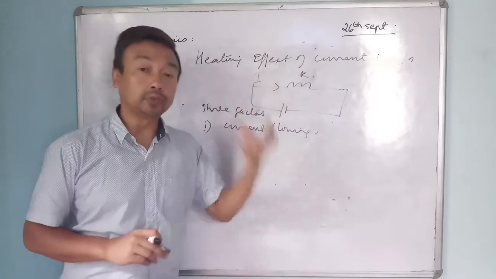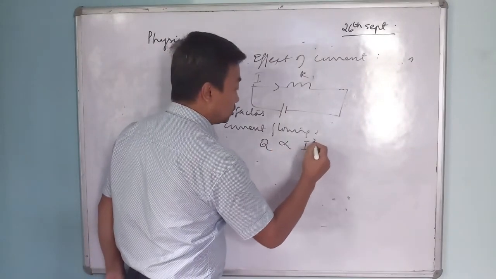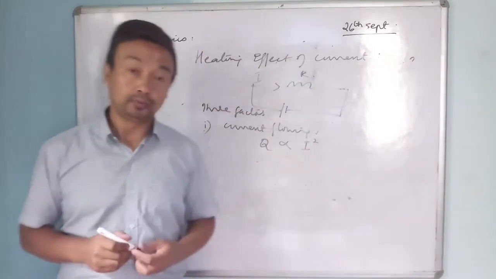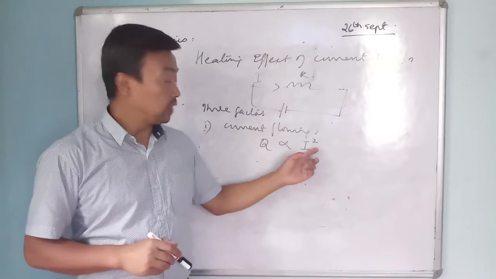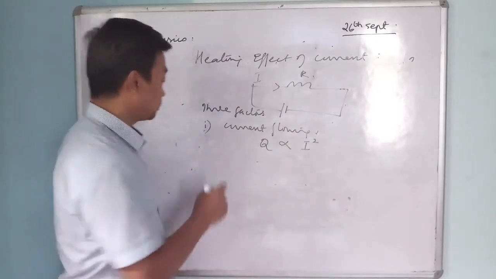The amount of heat produced will be directly proportional to the square of the current flowing through the wire. So if you have more current flowing, the heat produced will be more.